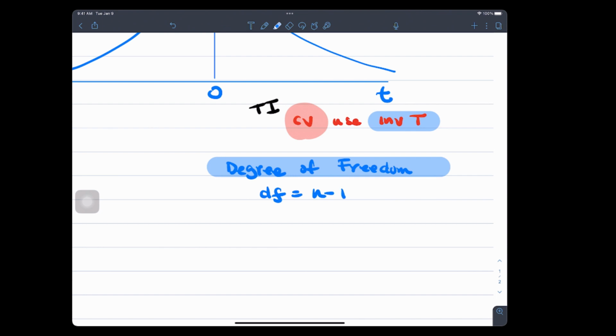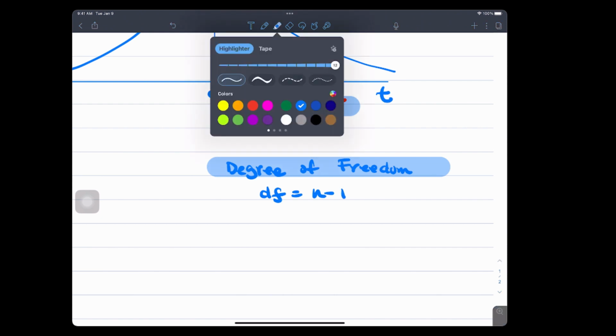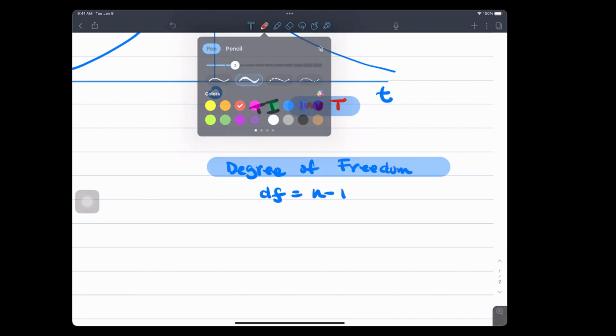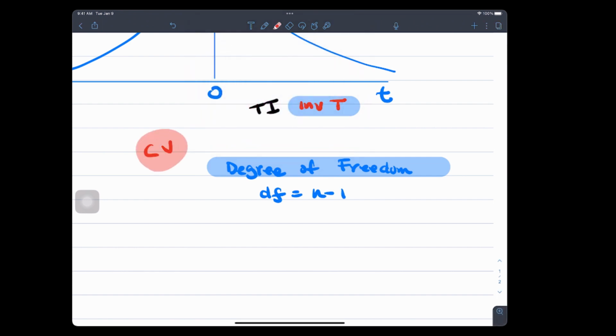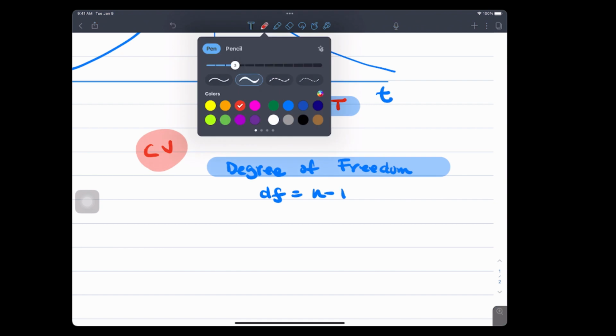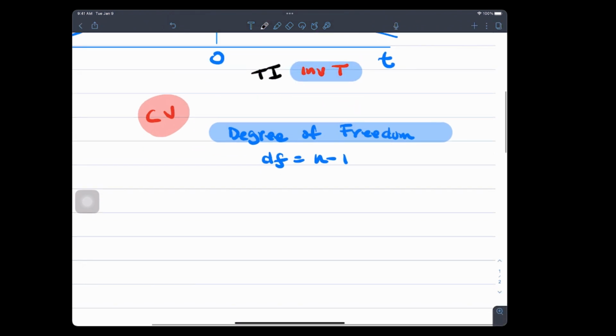So I just want to warn you guys, in the TI for critical values, inverse t, because you're dealing with the student distribution, small sample, and this is in relation to your critical value, CV. We're going to see an example of all that. But also, for the hypothesis test, you don't use a z-test, you use a t-test.